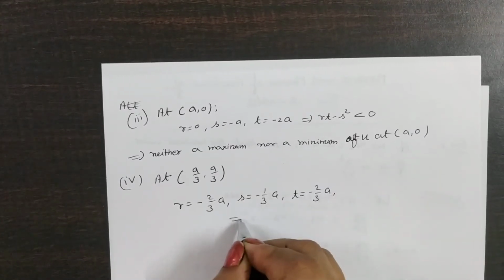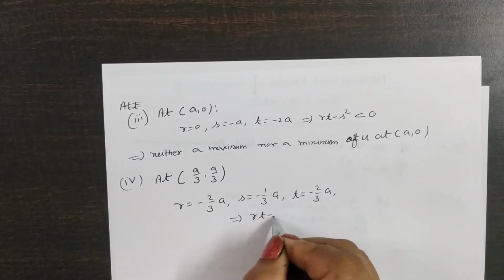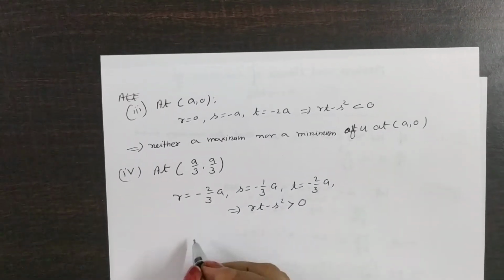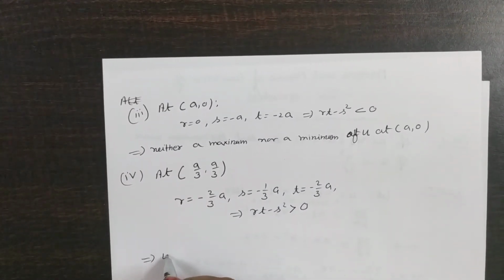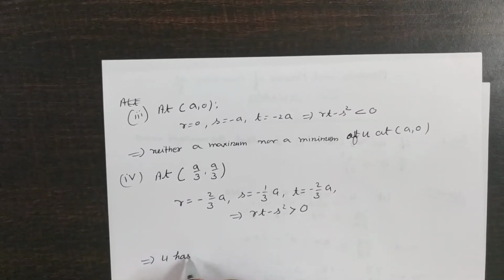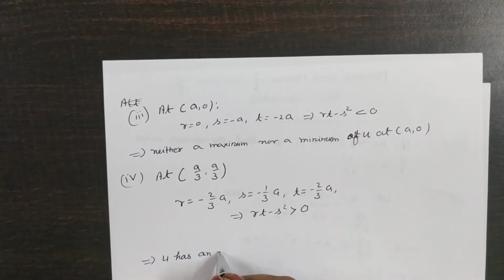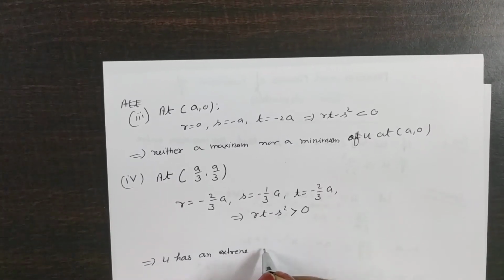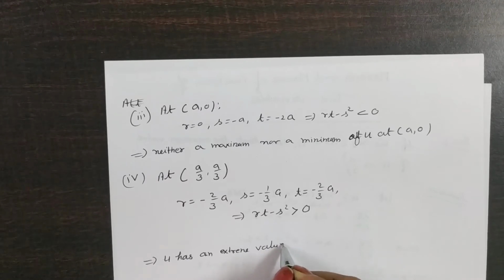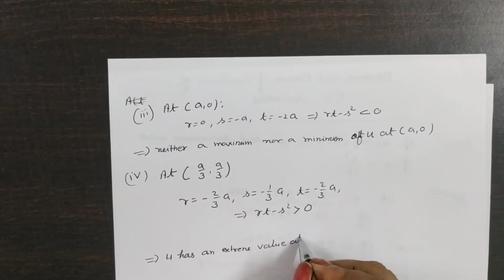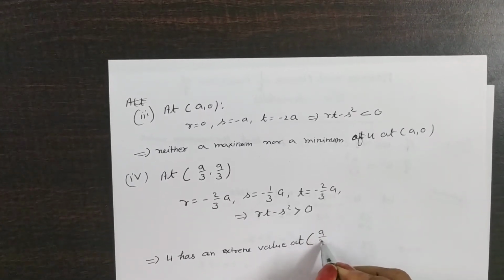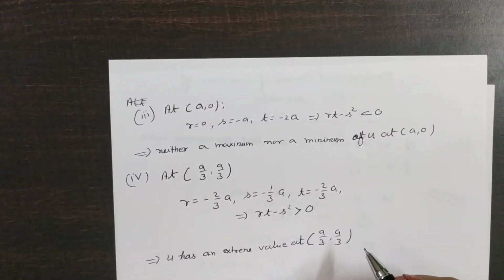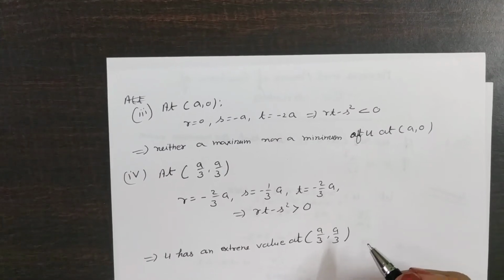This implies that rt minus s square is greater than 0. So u has an extreme value at the point (a by 3, a by 3).